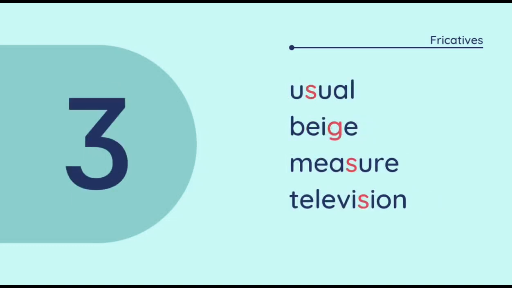Another sound like it is the one we are seeing on the screen presently. It usually sounds like a vibrating Z, but it is not a Z. It is a voiced post-alveolar fricative, and it is represented by words like usual, beige, measure, television.